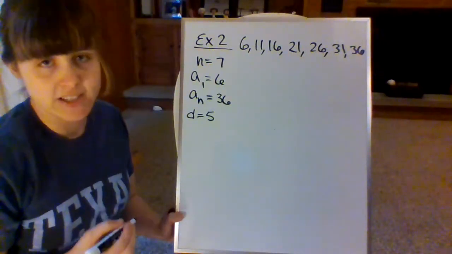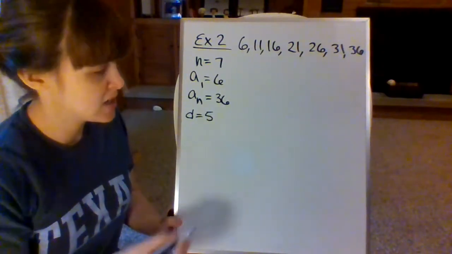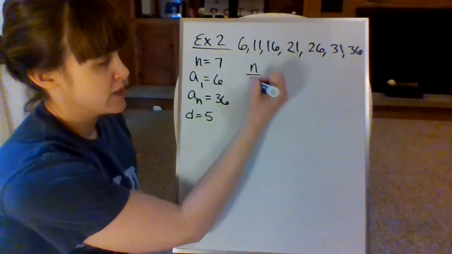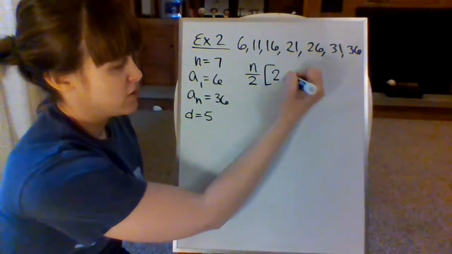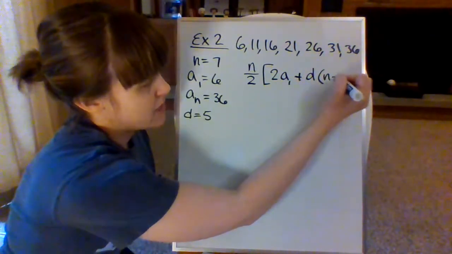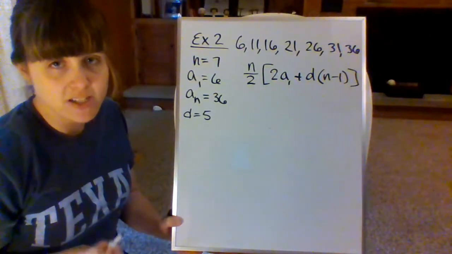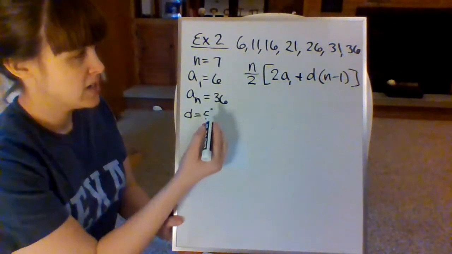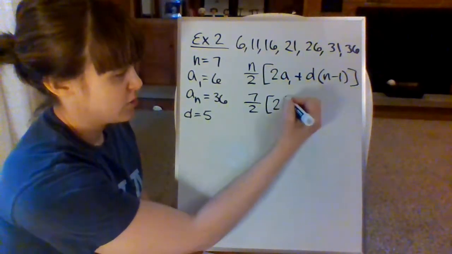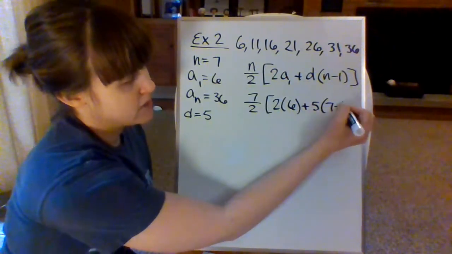Like I said, I'm going to have us use the second formula, but you could use the first if you wanted. Okay, so here we go. n divided by 2 times 2 times a1 plus the difference times n minus 1. That's the formula, so we're going to plug all of that into it. We have 7 over 2 times 2 times 6, plus 5 times 7 minus 1.